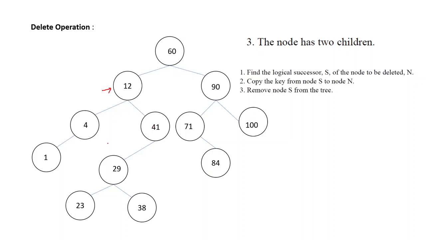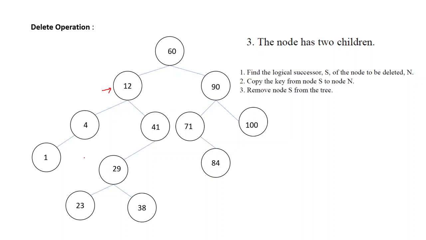Now for any tree, if we just consider this portion, 41, 29, 23, 38, as a tree, we know that in a binary search tree the leftmost leaf contains the least value.